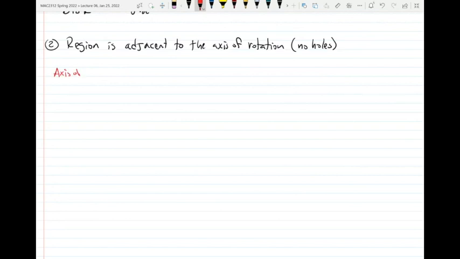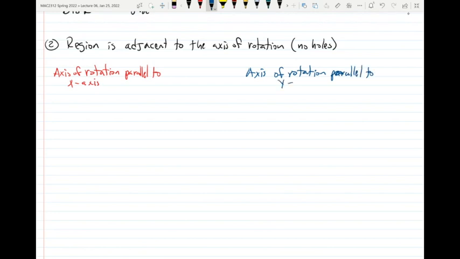It doesn't have to be the x-axis itself, just a line parallel to it. And over here, if the axis of rotation is parallel to the y-axis.